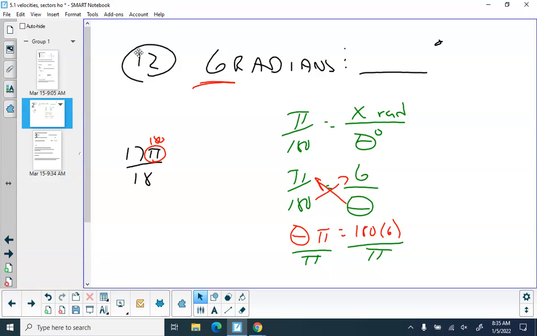When you don't have the pi in there and you're trying to do the conversions, you have to use the proportion to be able to solve. Other questions you have?